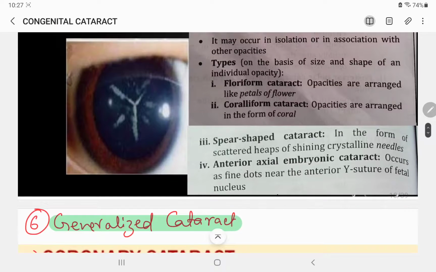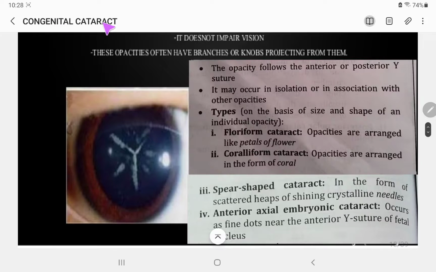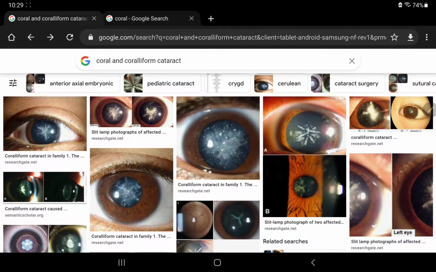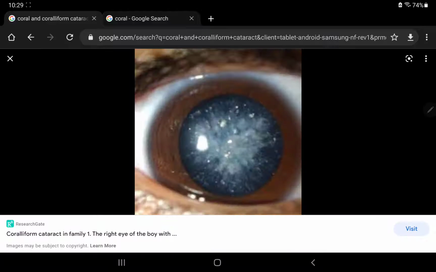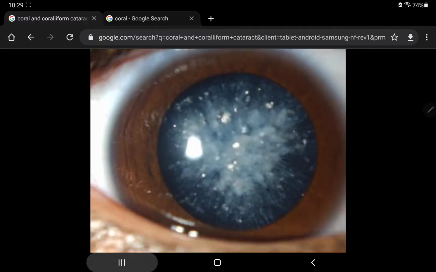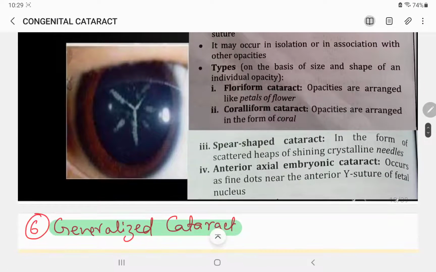Coralliform cataract is in the form of coral. I'm showing you what a coral is so you understand better. Here we can see the coralliform cataract, seen in the form of coral. And in the spear-shaped cataract, the opacities form scattered heaps of shining crystalline needles.